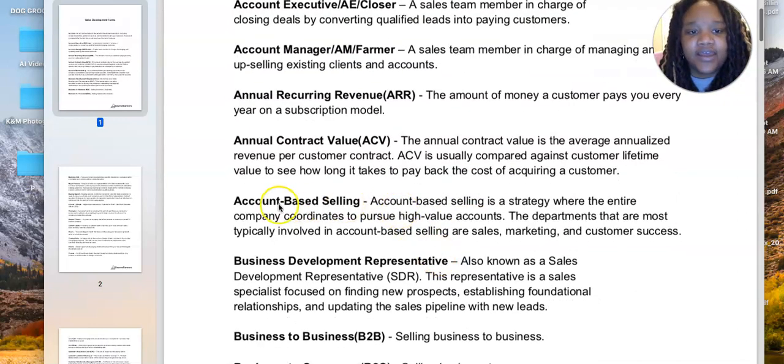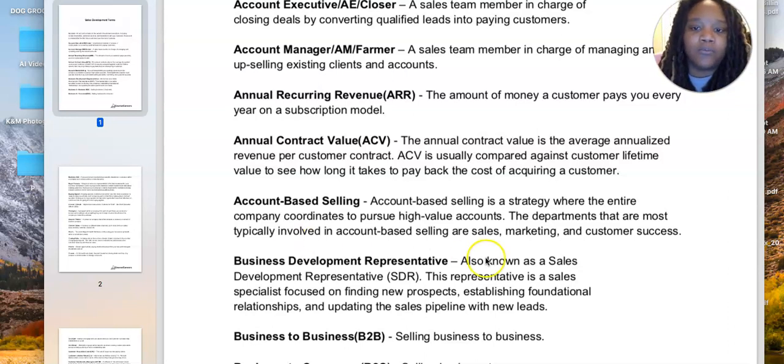Next, we have account-based selling. Account-based selling is a strategy where the entire company coordinates to pursue high-value clients or accounts. The departments most typically involved in account-based selling are sales representatives, marketing employees, as well as customer success.